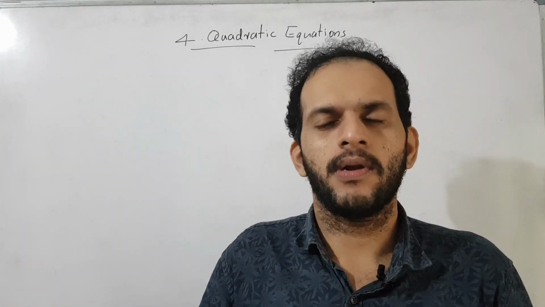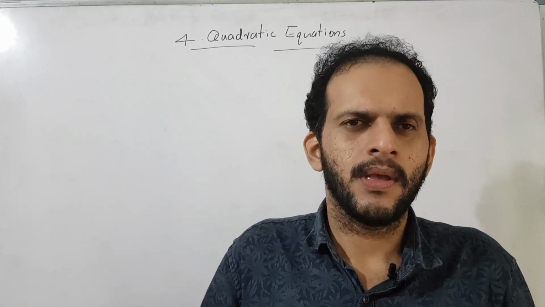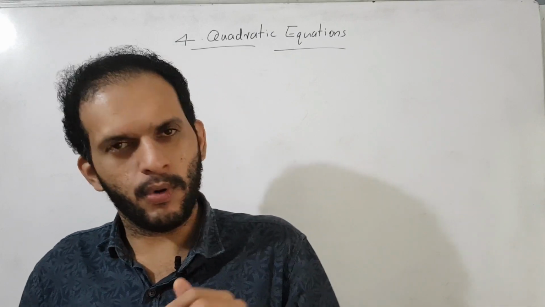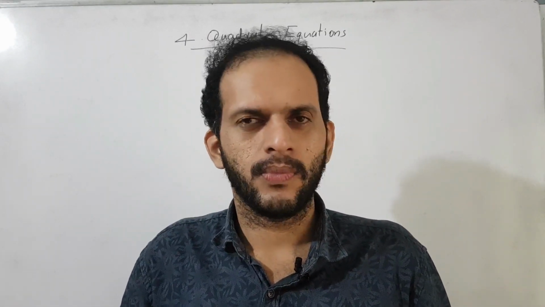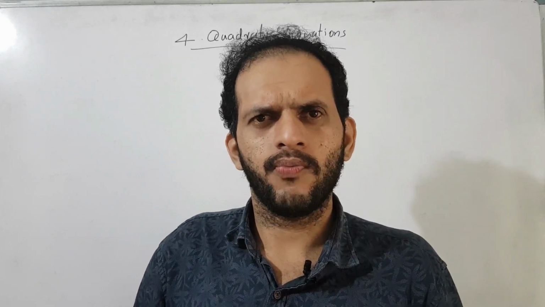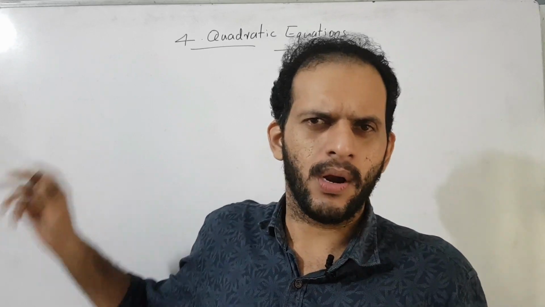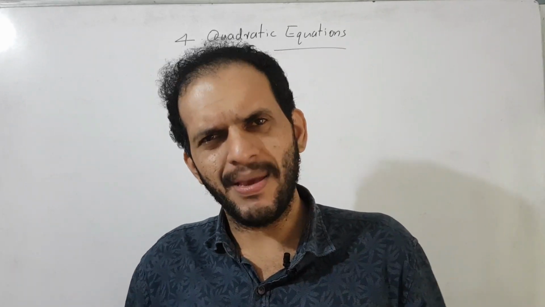Here the only difference is a quadratic equation. That means when the quadratic polynomial contains an equality sign, it is called a quadratic equation. Here also we need to find the solution, the zero of the quadratic equation. For that we have three methods.